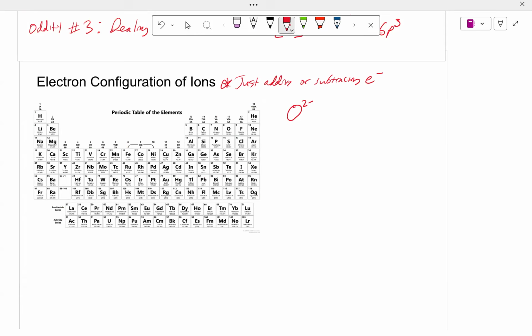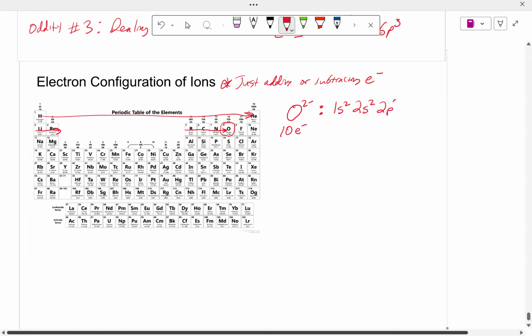Normally oxygen neutral has 8 electrons. Now it has 10 electrons. So let's go through our order here. Start with 1s2, and then 2s2. And now we're into the 2p. Normal neutral oxygen would end at 2p4, but it has 2 more electrons. So I'm going to make it 2p6.